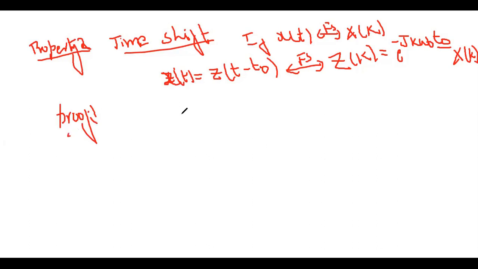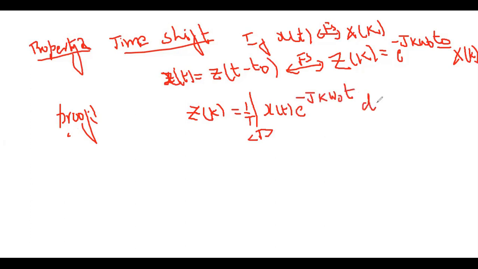we know z of k is equal to 1 by T, the integral over T, of x of t into e power minus j k omega naught t dt. These are the formulae for the analysis equation of the exponential Fourier series.